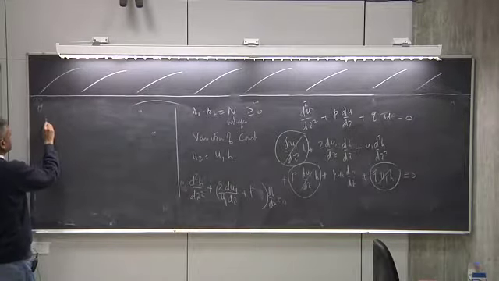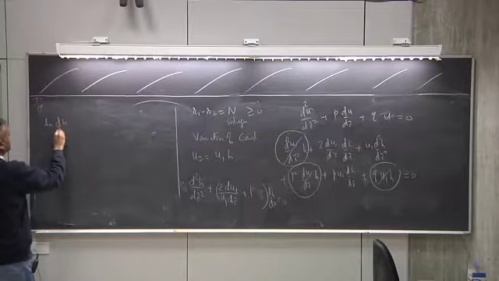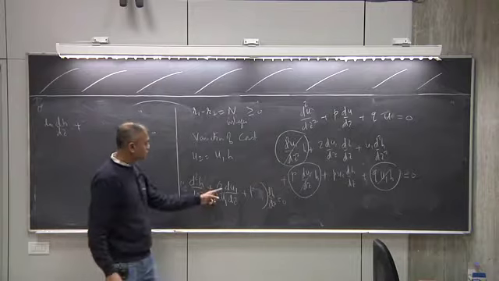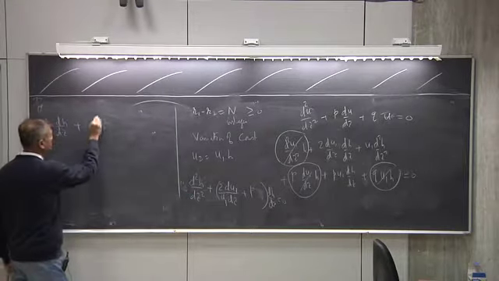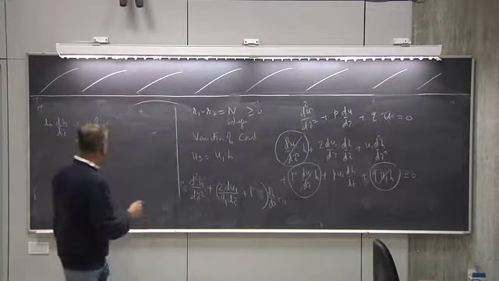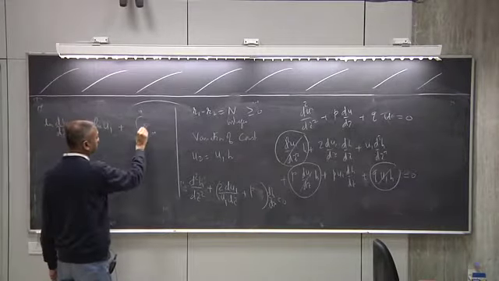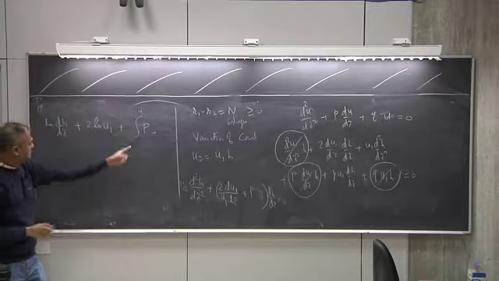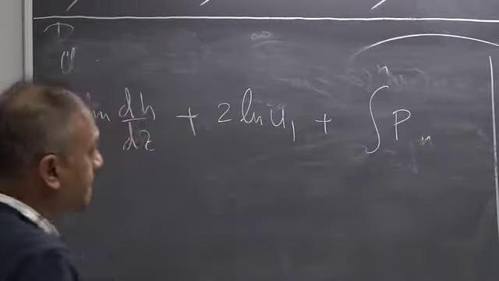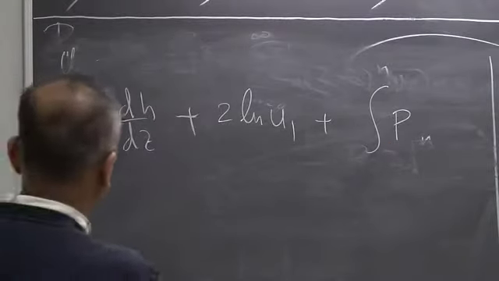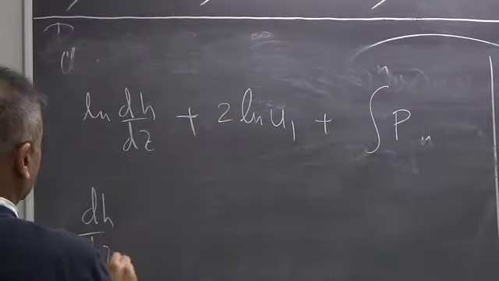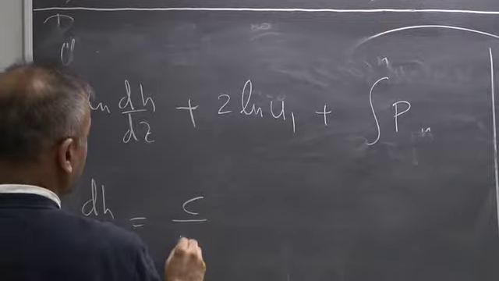So what we are saying is that log of dh/dz plus 2 log u1, and then I have the integral of p. This symbol just means it's an indefinite integral, equal to 0, so therefore that's up to a constant. So therefore, dh/dz is some constant divided by u1 squared.